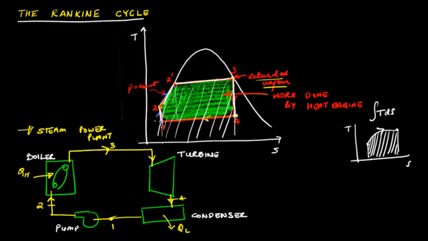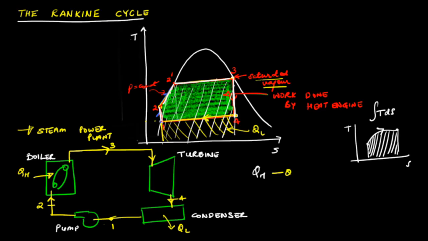that is QH, whereas the area under the curve 4 to 1 is the heat that is rejected to the low temperature reservoir.